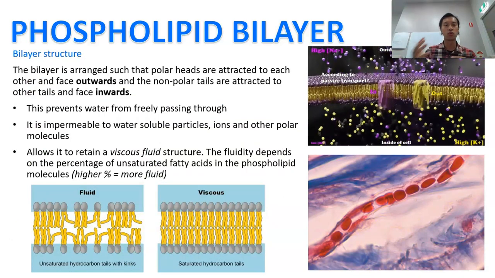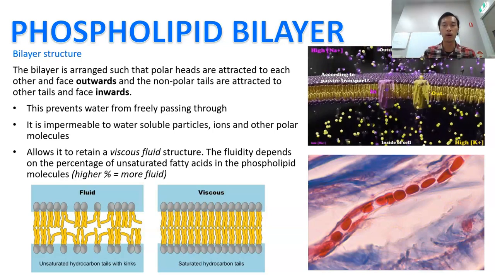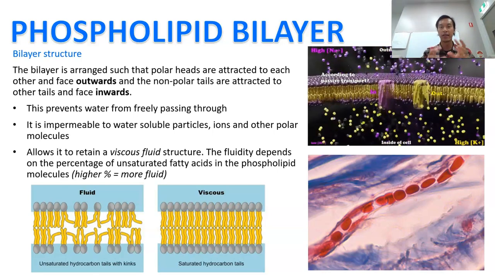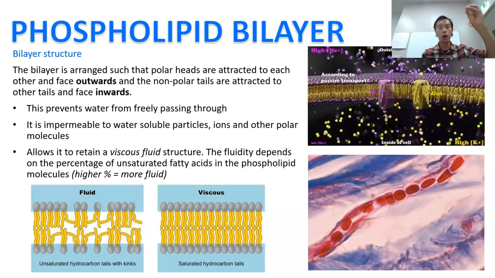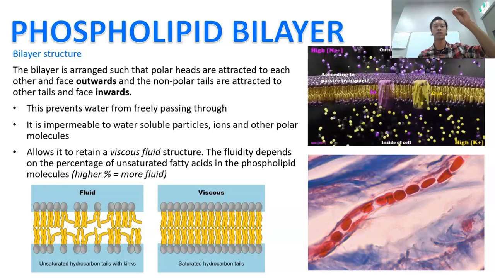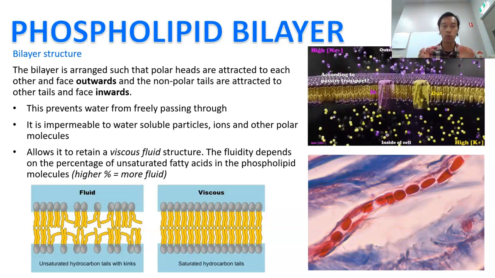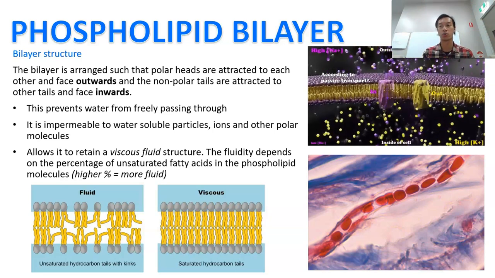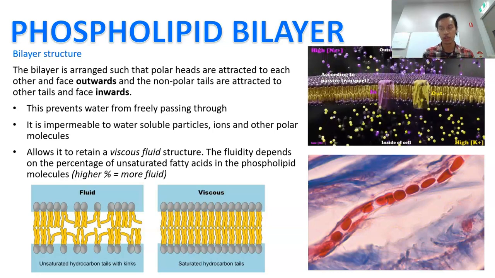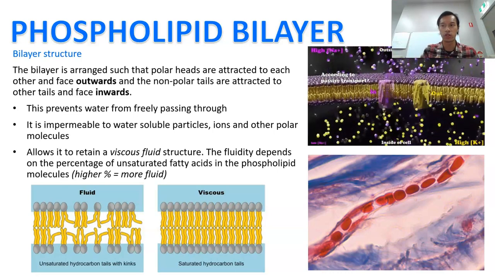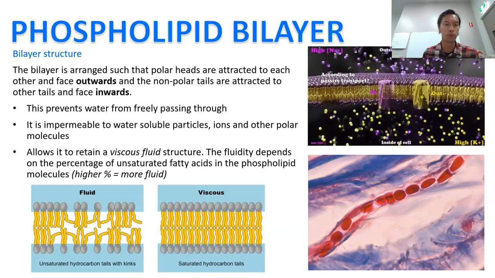The structure is arranged in such a way that the polar heads are attracted to water and therefore face outwards, but the non-polar tails are attracted to other tails and face inwards, right? This is going to prevent water from freely passing through the phospholipid bilayer, which is a good thing. You don't really want your cells to be filled with water the moment you jump into a pool, right?